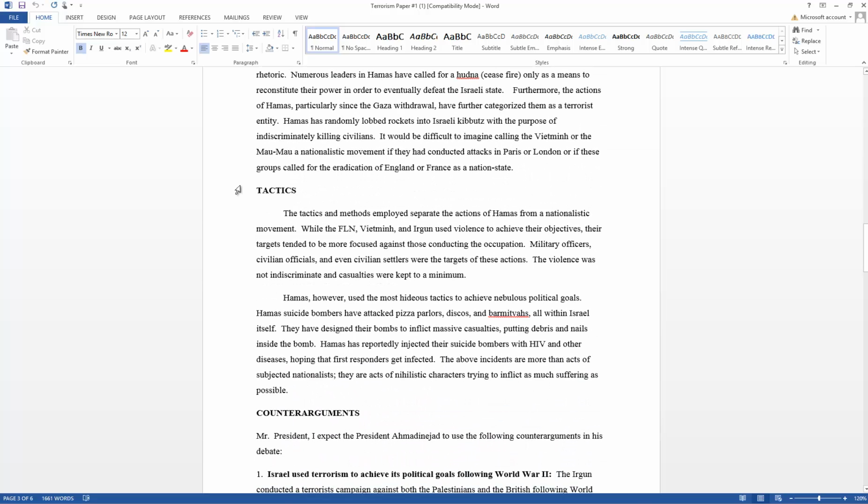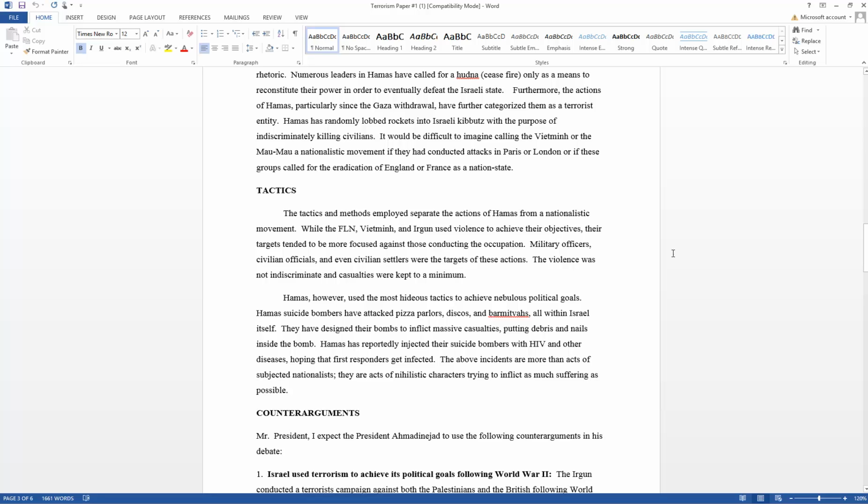And then the third argument is tactics. Again, the tactics for the Irgun specifically are far different than Hamas. The Irgun did not kill civilians on the same scale. They didn't focus their attacks against civilians, although there were some incidents there.